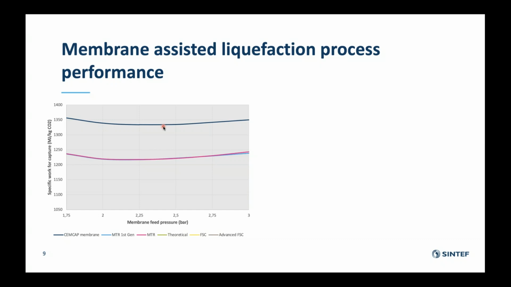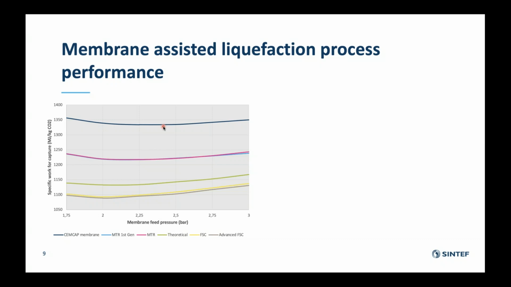So from this, you would have noticed that selectivity sort of drives the specific work for capture. So from this, you would realize that the case with a higher selectivity, as we see for 79, drops further. And for the FSC membrane, it is even lower, as we expect from our discussion before. And again, the advanced FSC and the FSC are similar because they have the same selectivity.